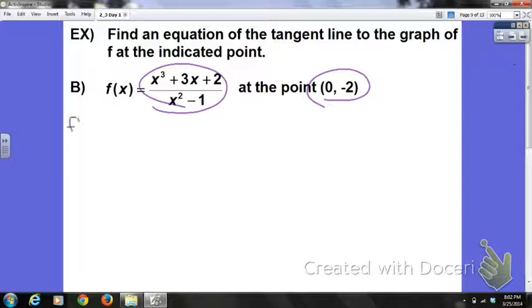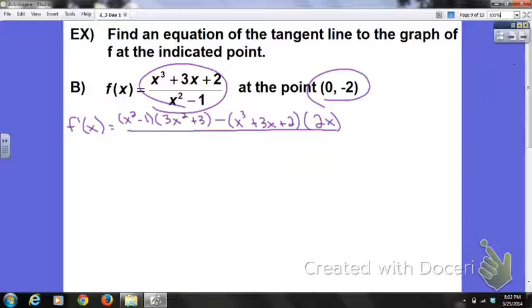So let's get started. f prime of x is equal to low d high, so x squared minus 1 times the derivative of the numerator, which is 3x squared plus 3, less high, x cubed plus 3x plus 2, d low, the derivative of our denominator, which is 2x, all over denominator squared we go.